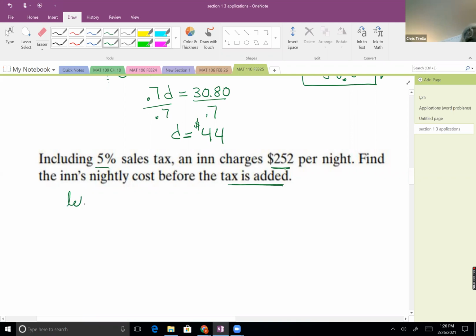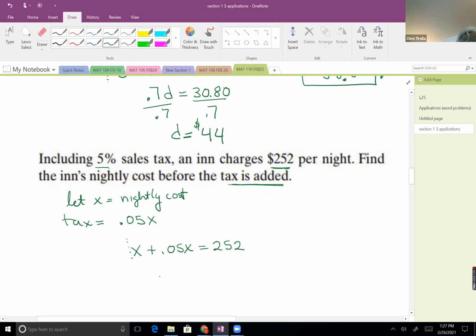So if I let X be the nightly cost, which is what we're looking for, the tax is 5%, 0.05 multiplied by that. And then the cost plus the tax is $252.